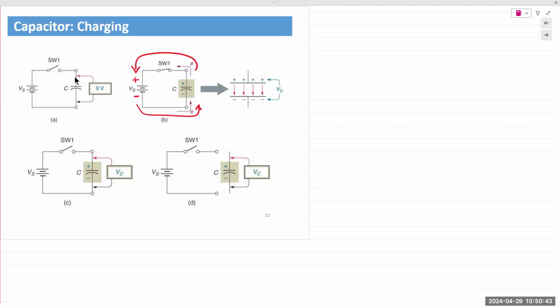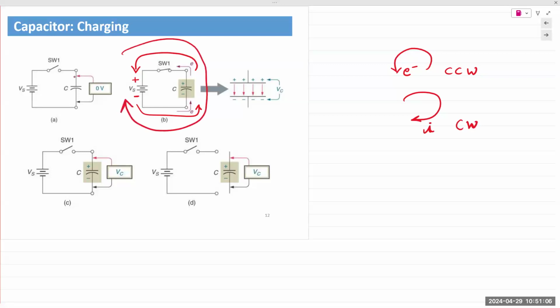Current is always stated as flowing the opposite of electrons. And so if electrons are flowing in a counterclockwise direction, we say current is flowing in a clockwise direction, which aligns with passive reference configuration.